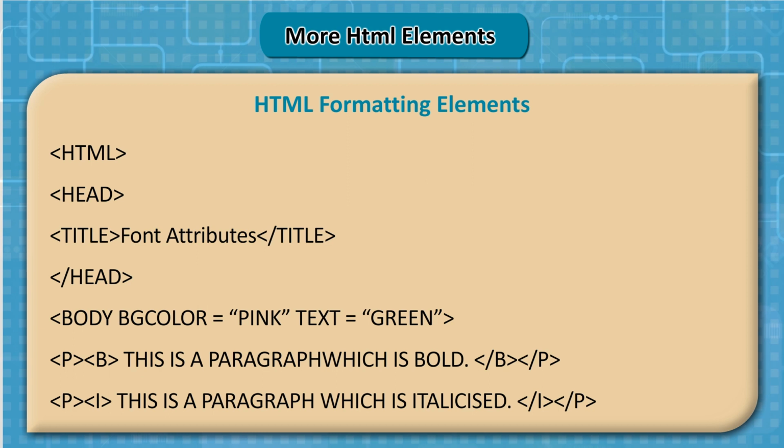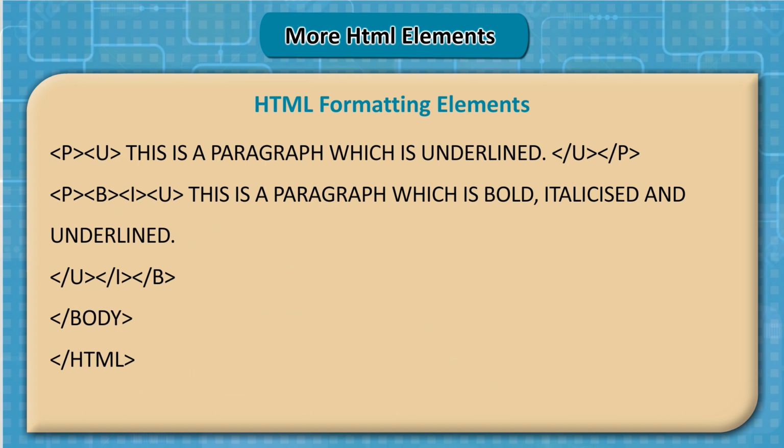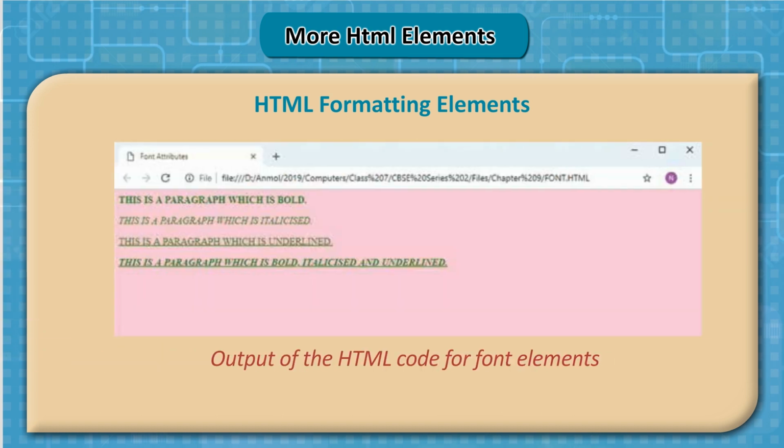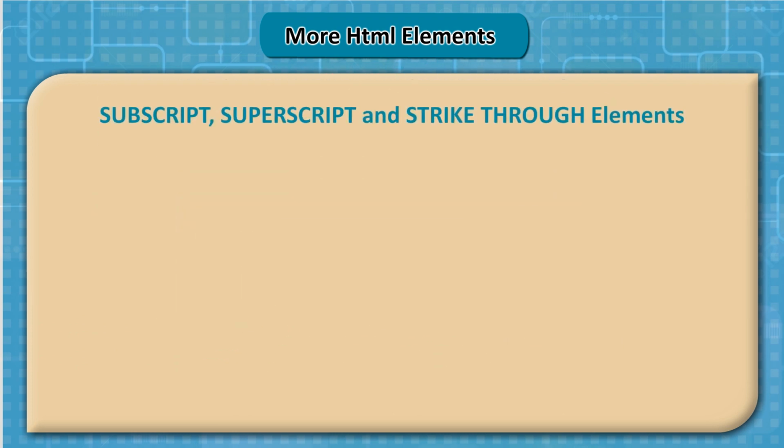P B, this is a paragraph which is bold. /B /P. P I, this is a paragraph which is italicized. /I /P. P U, this is a paragraph which is underlined. /U /P. P B I U, this is a paragraph which is bold, italicized and underlined. /U /I /B. /body. /HTML. Output of the HTML code for font elements.